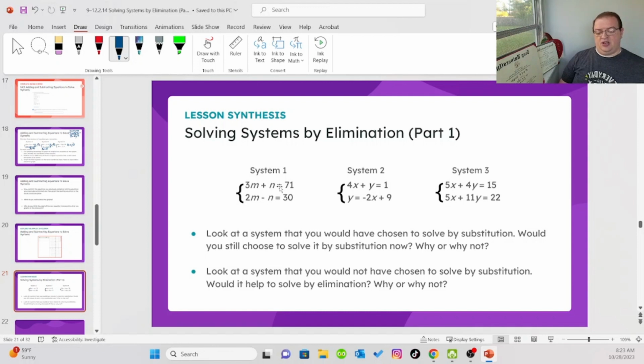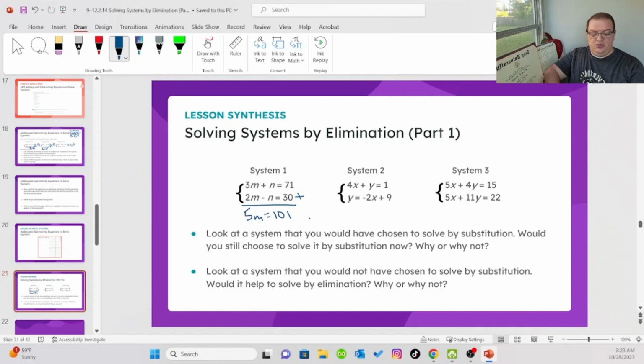This one I would solve by elimination because my n values are opposite of each other, so I would want to add them together, because then that would give me 5m equals 101. I could solve for m, substitute it in, and then solve for n.